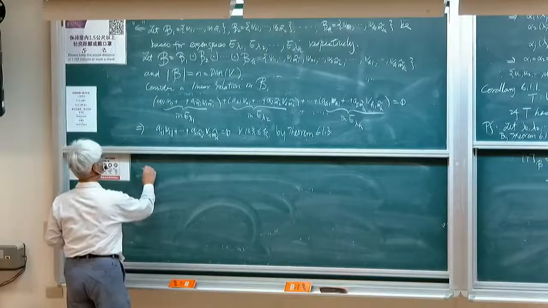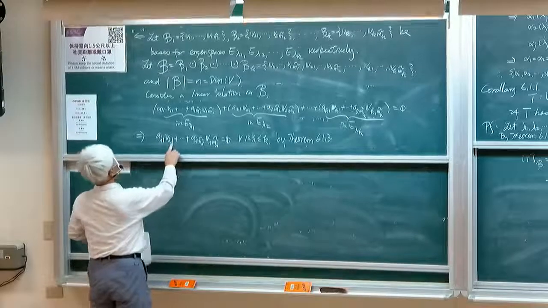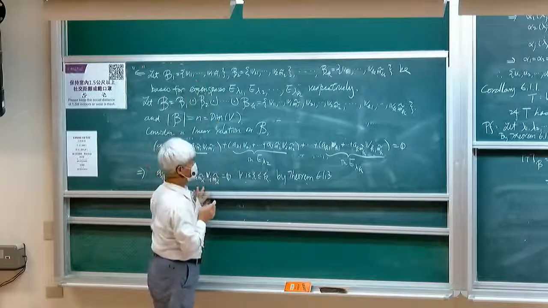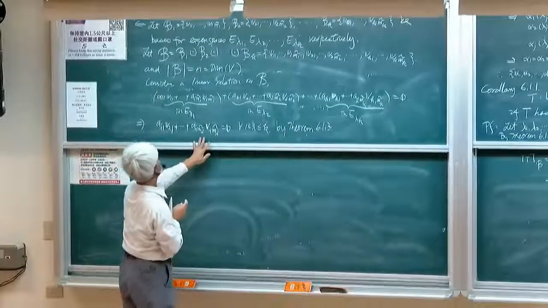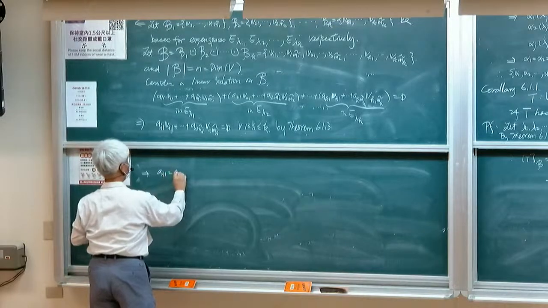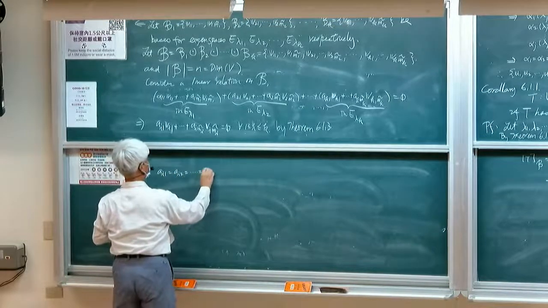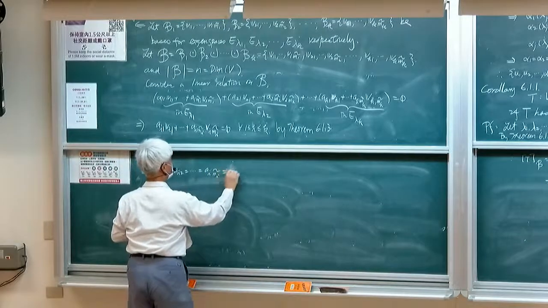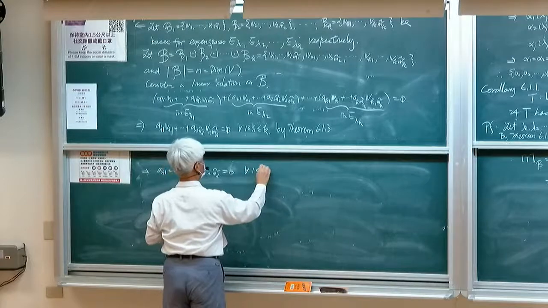All right, and each Bi is a linearly independent set. So this implies that A i1 equals A i2 equals up to A i mi tilde equals 0 for all i.